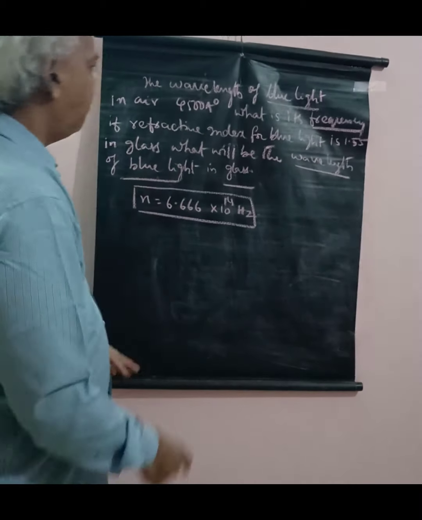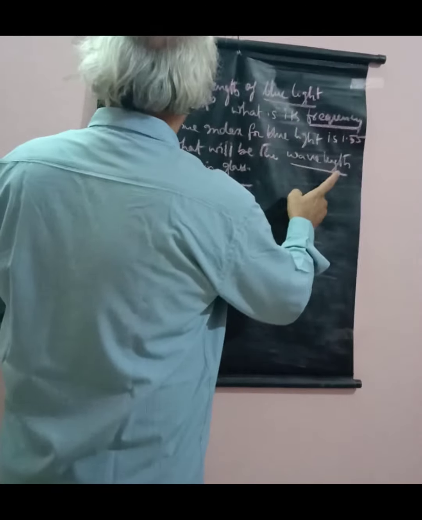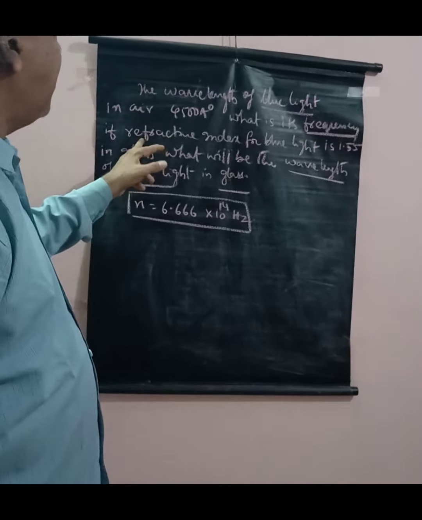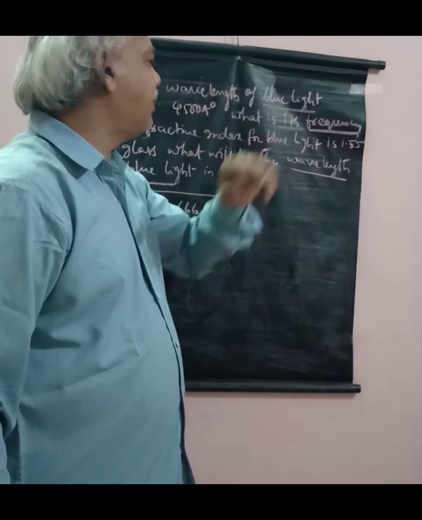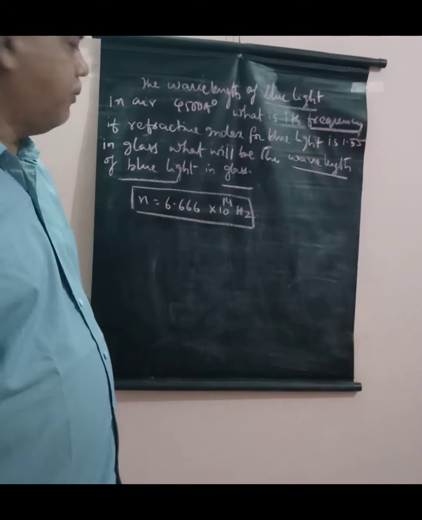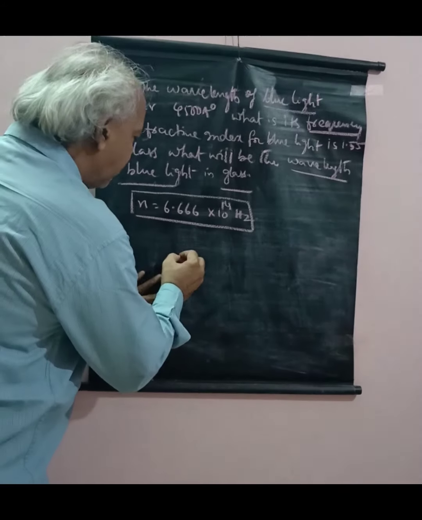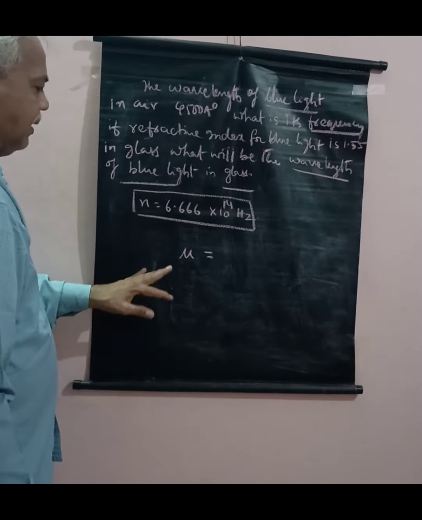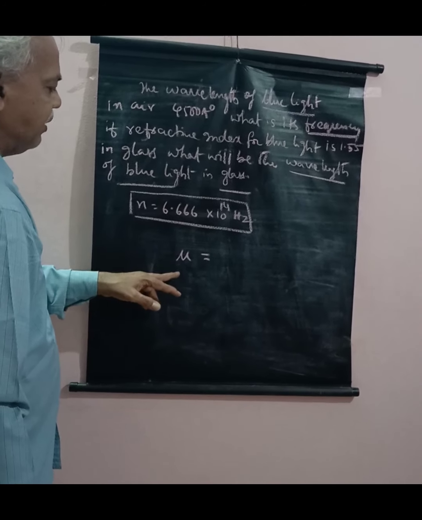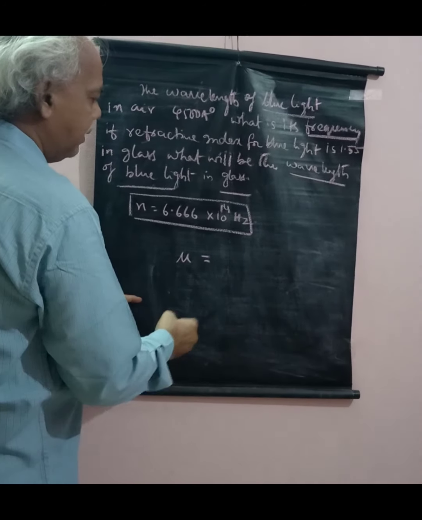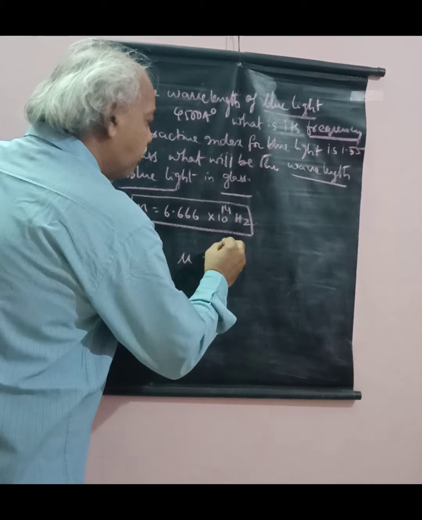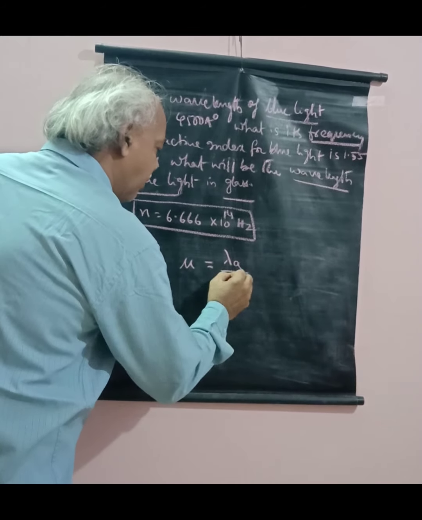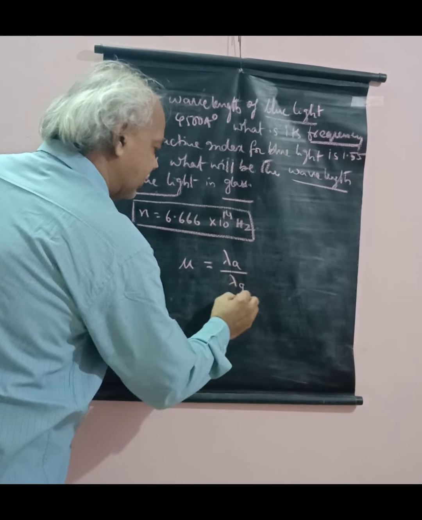So we want to find the wavelength of blue light in glass. Here the refractive index of blue light is given, that is 1.55. So mu, the refractive index of blue light in glass, is equal to the wavelength of light in air or vacuum by the wavelength of light in glass.